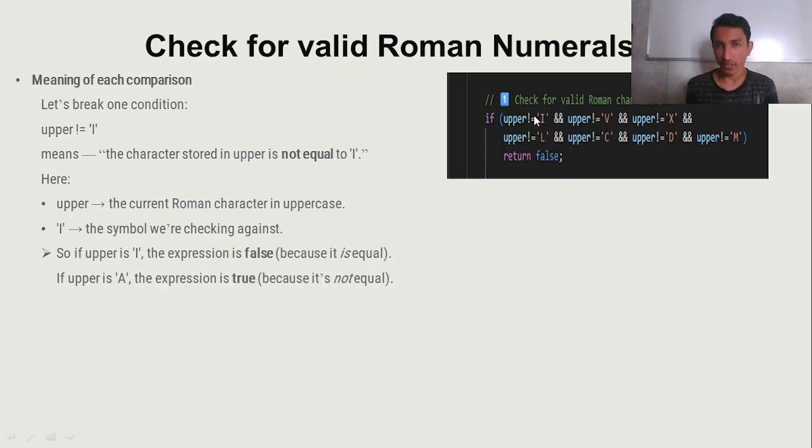For a Roman numeral to be valid, it should be equal to any one of these 7 characters. But if it is not equal to any of the 7 characters, it would be invalid. So we are checking it here.